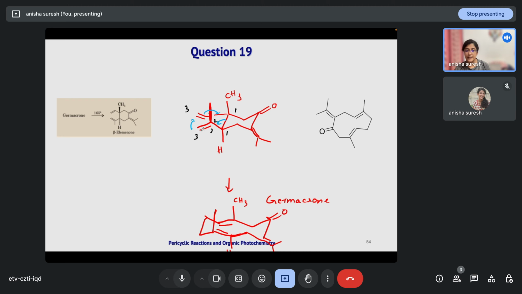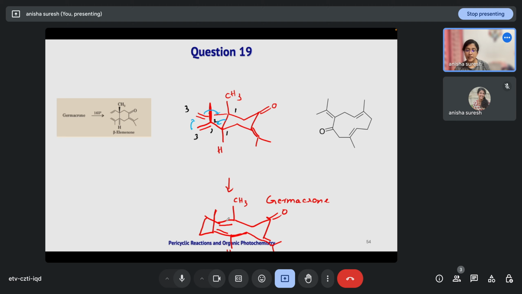So here this is 3, 2, 1, this is 3, 2, 1, and this middle is beta, this hydrogen is alpha, and this could be drawn like this. And when we draw the chair conformation, and when it undergoes a 3,3 sigmatropic rearrangement, this carbon-carbon bond is forming and this carbon-carbon bond is breaking.